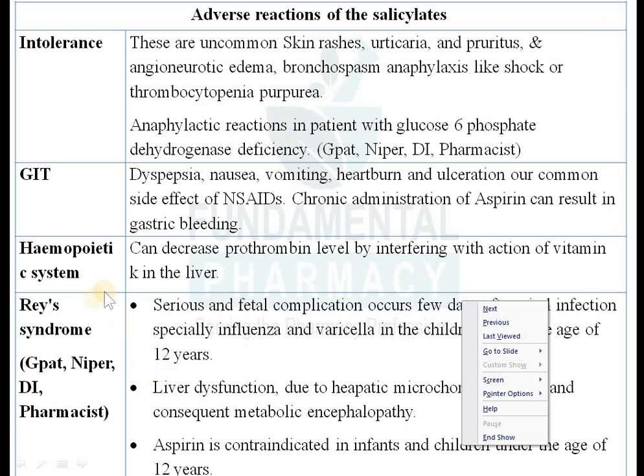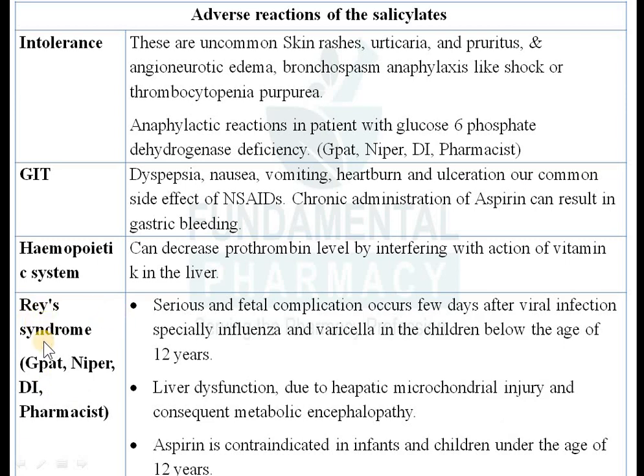Reye's syndrome is an adverse effect of aspirin or salicylates.